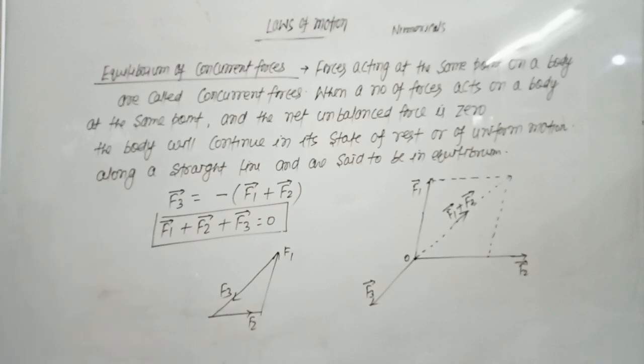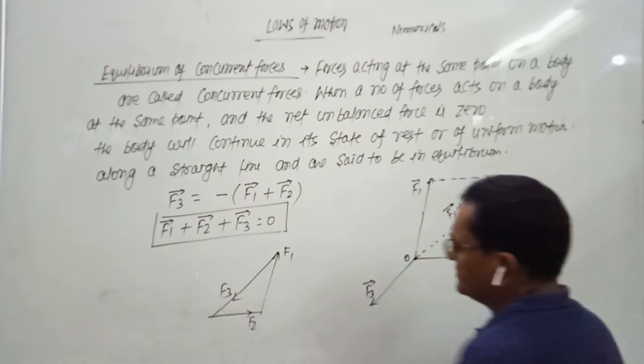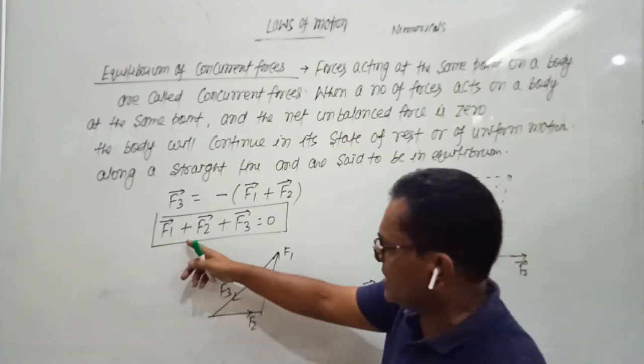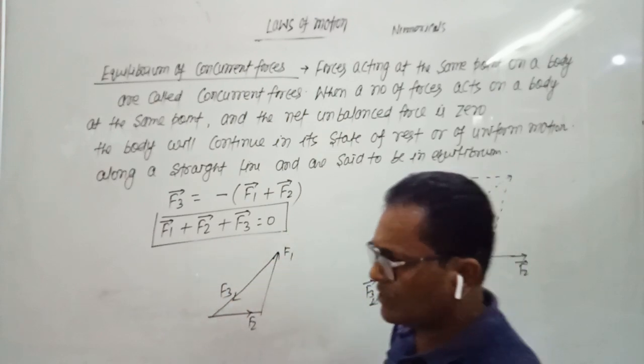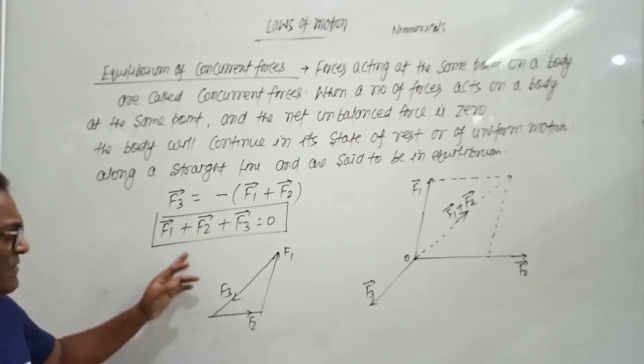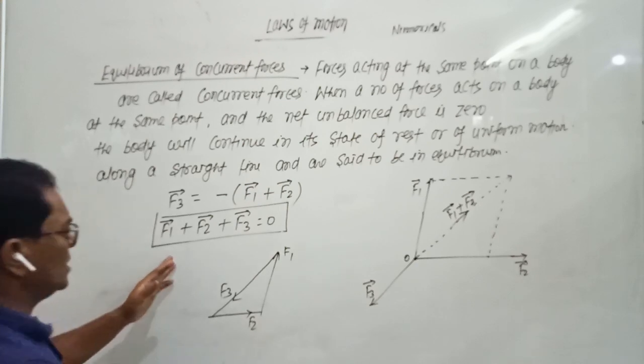The condition for equilibrium of forces acting at the same point is that the vector sum of all the forces must equal 0, meaning F1 plus F2 plus F3 vectors sum to 0.